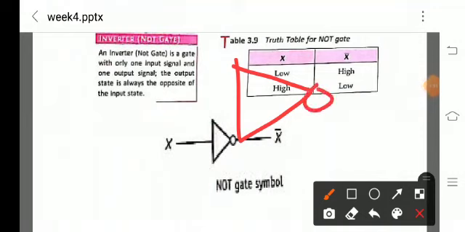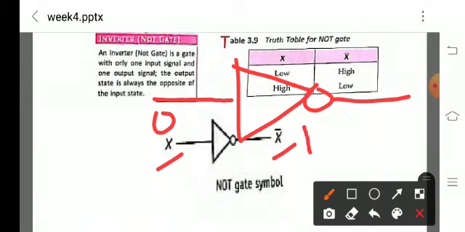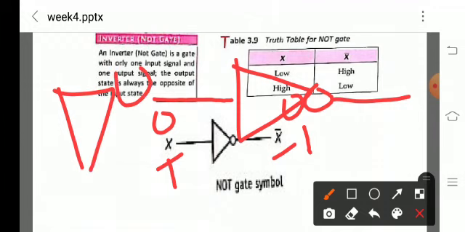As you know, only one input goes in, and the output comes opposite. So if the input is x, the output is x bar. If x value is 0, x bar value is 1. If x value is 1, x bar value is 0. So you get the opposite answer. This is the NOT gate, only one input.